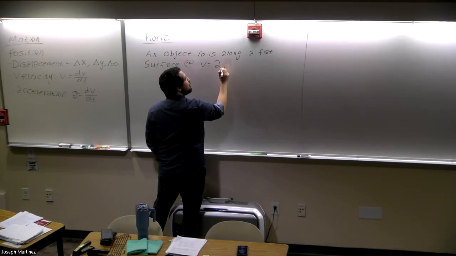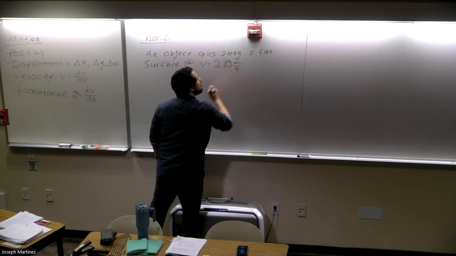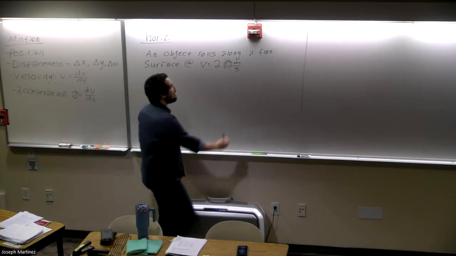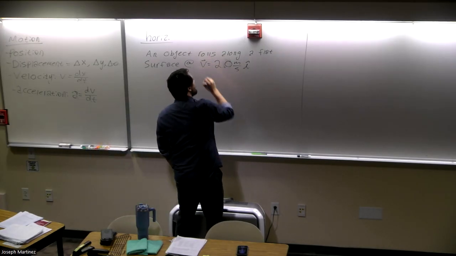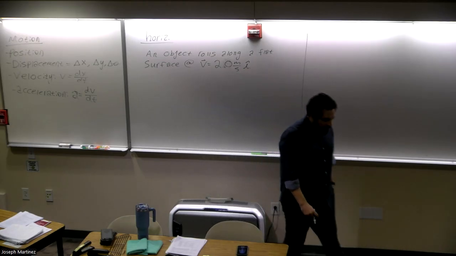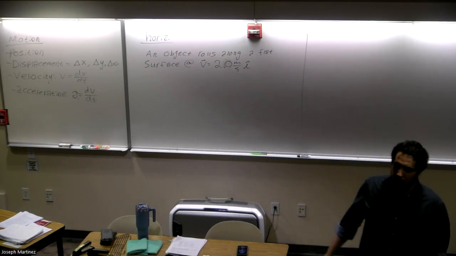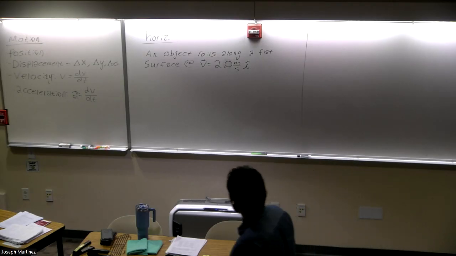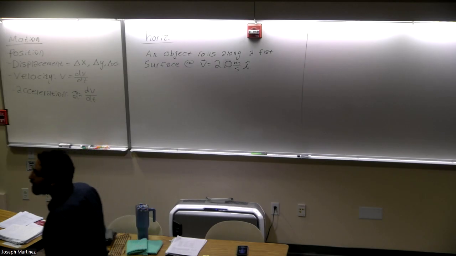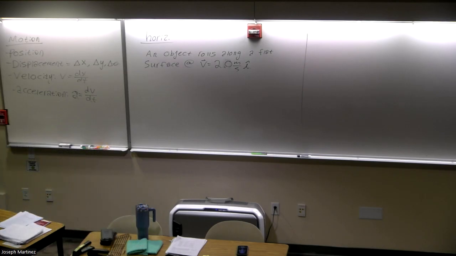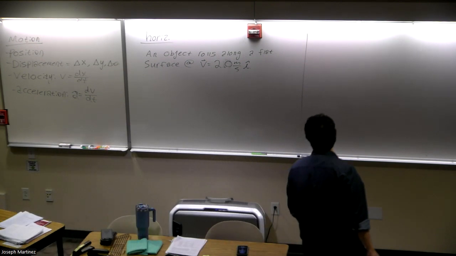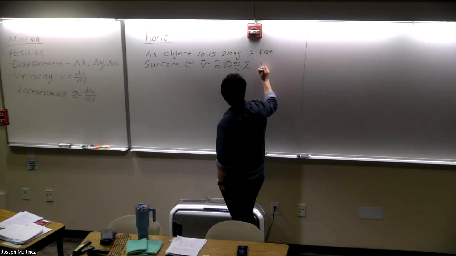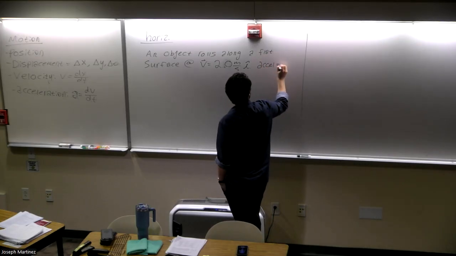And in fact, I'll give you 2.0 for sig figs. 2 meters per second in the i-hat direction. That is our velocity. Now, if an object is rolling along a table, neglecting any sort of frictional forces that might be involved, we can safely assume that the acceleration on this object is 0. So our acceleration on our object rolling along a flat surface can be assumed to be 0.